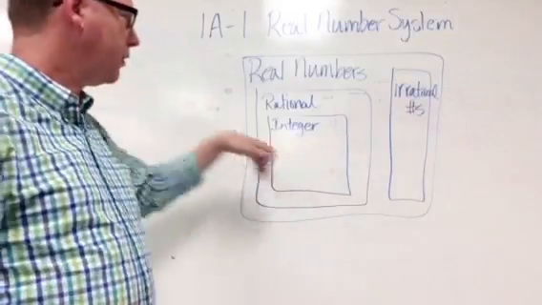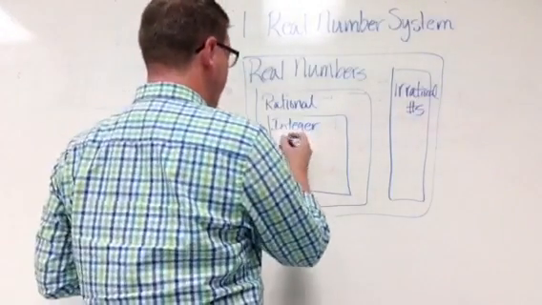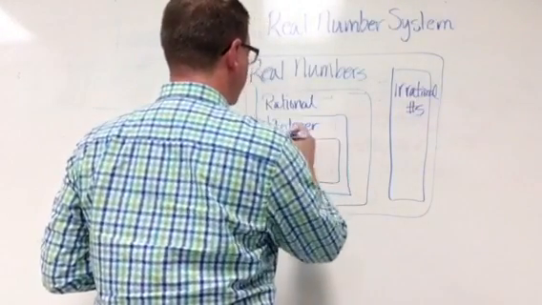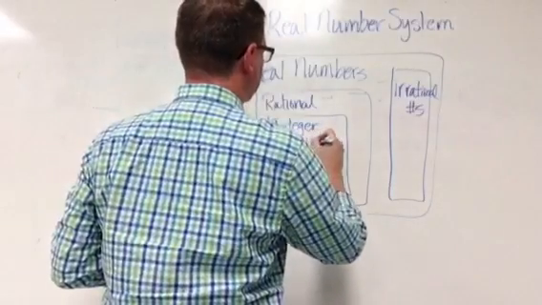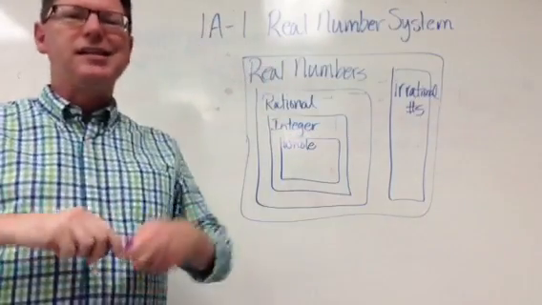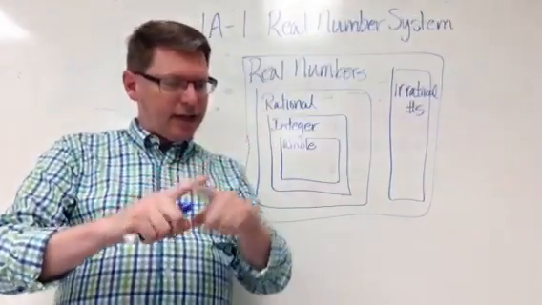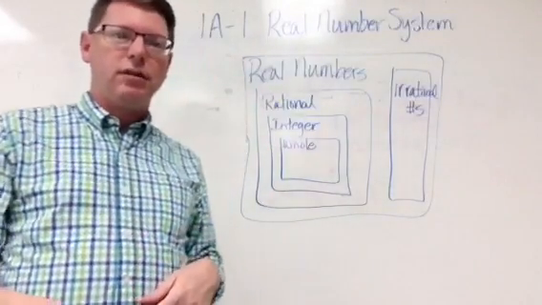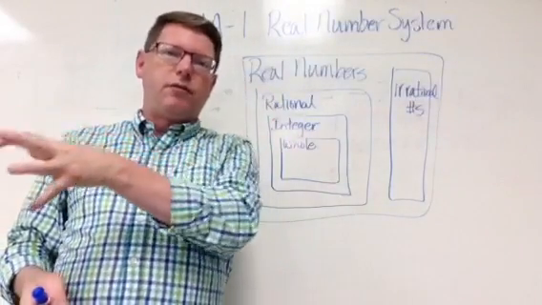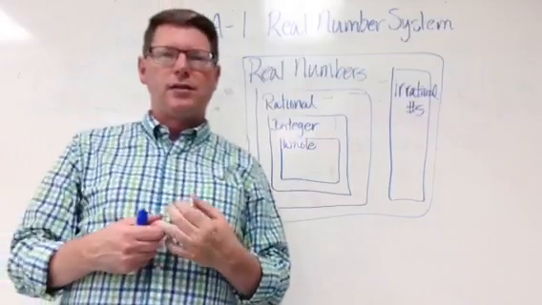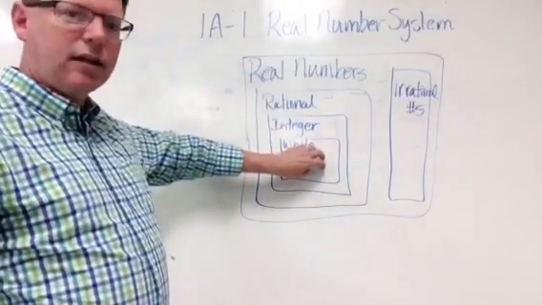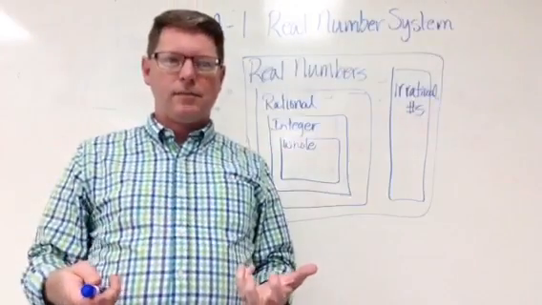Okay? And inside the integers box, we have that group of numbers that we called whole numbers. Okay? Because every whole number is also an integer. Because the whole numbers were 0, 1, 2, 3, 4, and you can put those in the integer box as well. So that's why we put the whole number box inside the integers.